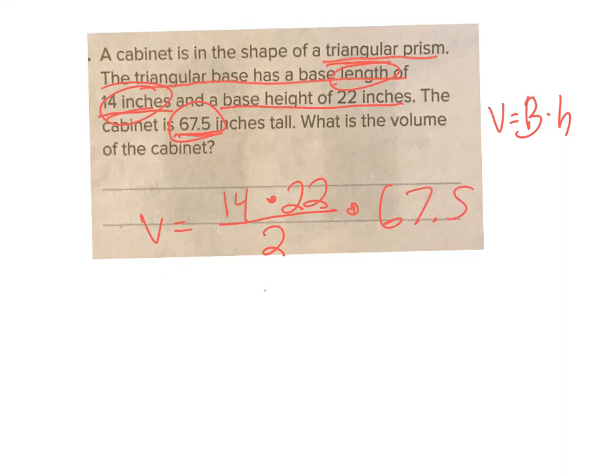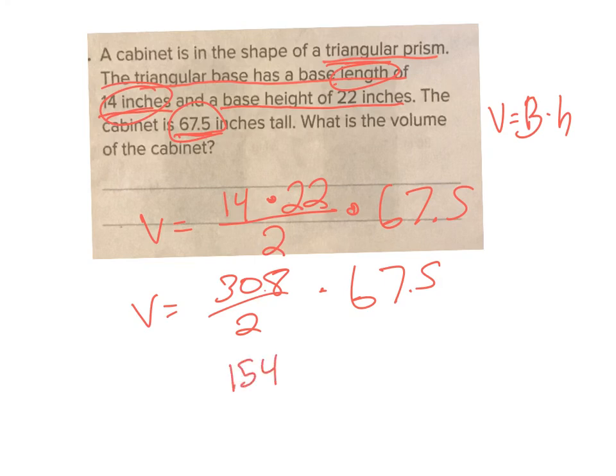So 14 times 22 equals 308. Volume equals 308 over 2 times 67.5. Divided by 2, that gets me 154 times 67.5.